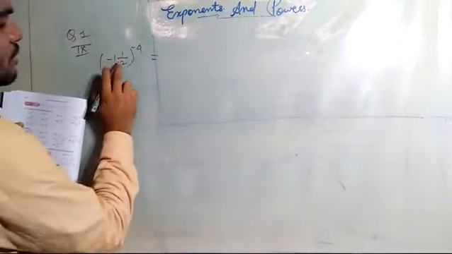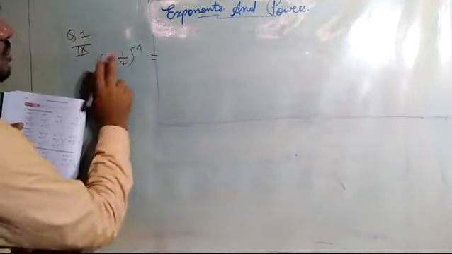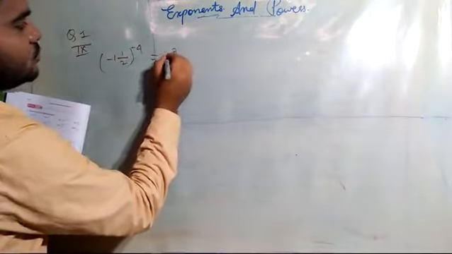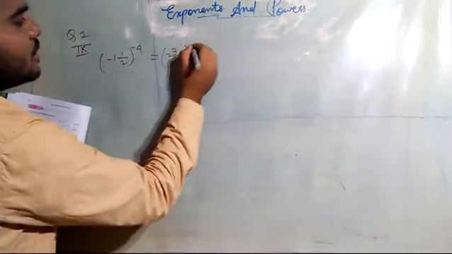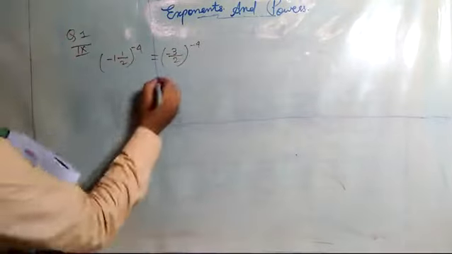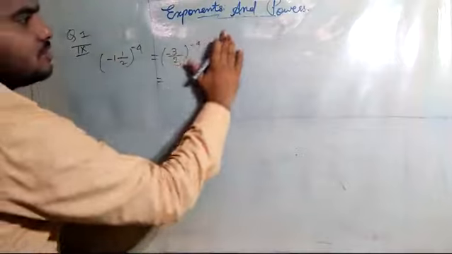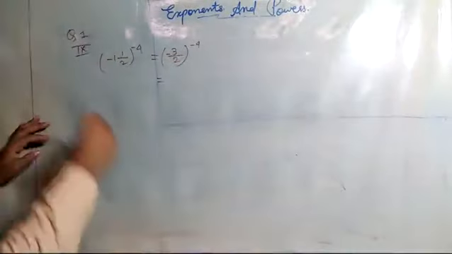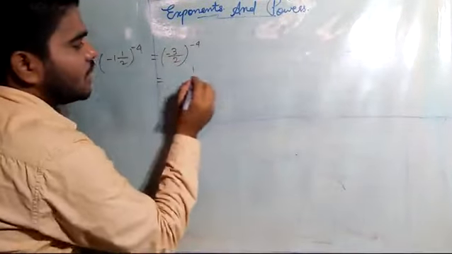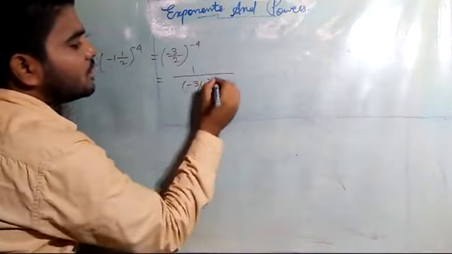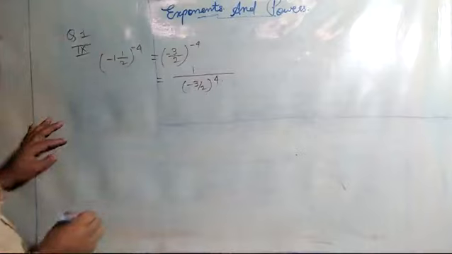So if I convert this into an improper fraction, 2 ones are 2 plus 1, 3 by 2, and the minus sign will be there, raised to the power minus 4. Now I told you that when the power is negative, we just have to bring it to the denominator. So I will write 1 upon minus 3 by 2 whole raised to the power 4, correct?